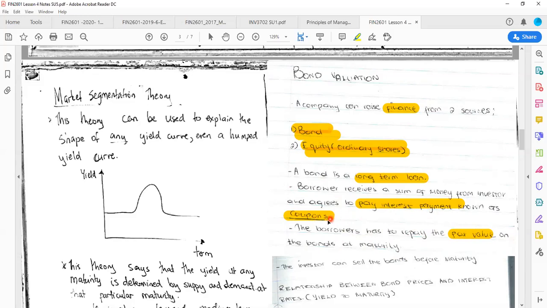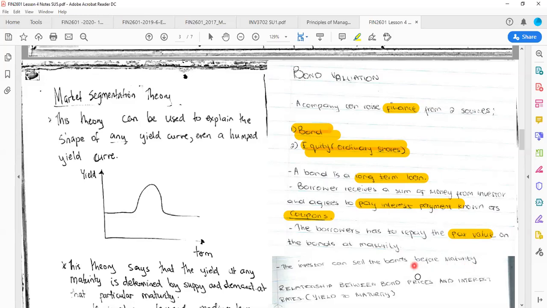These are known as coupon payments on the amount that they borrowed. The par value is also known as the nominal value, and it can also be called the face value.